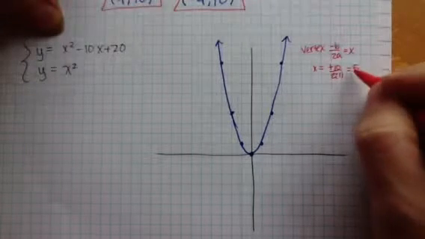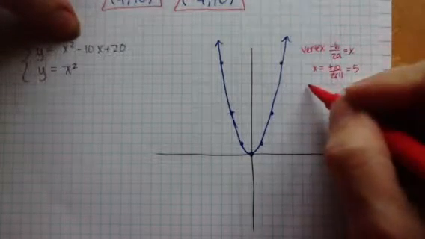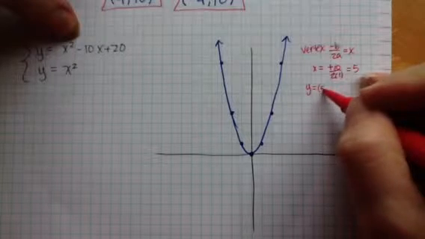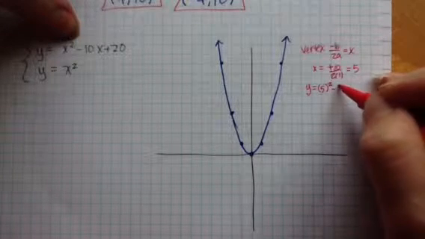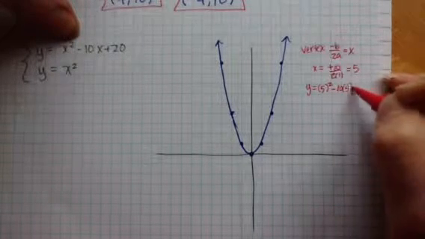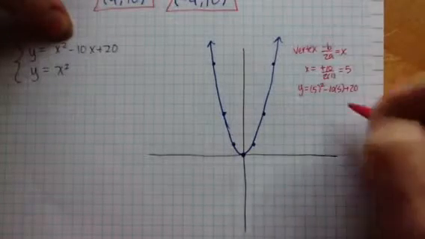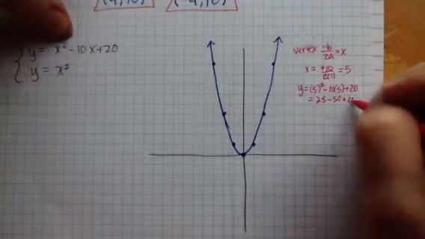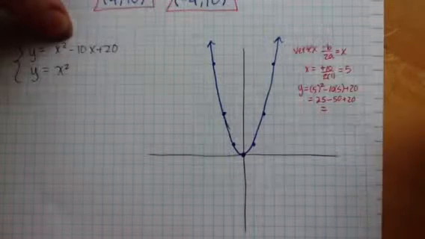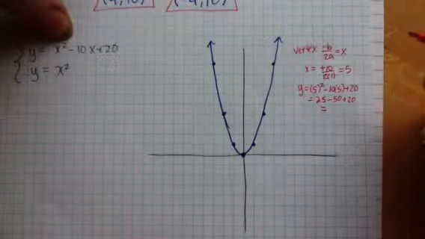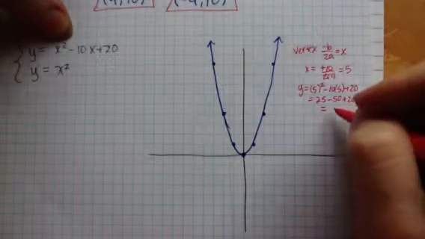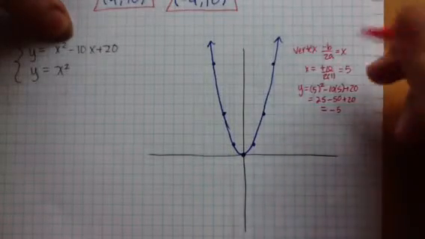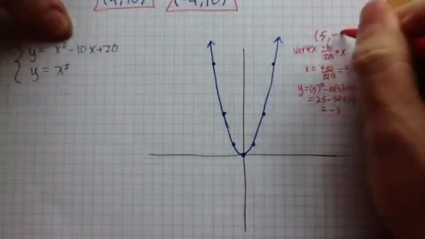Then I substitute 5 in for x to get y. So y equals 5 squared minus 10 times 5 plus 20. That is 25 minus 50 plus 20, which is negative 25 plus 20, or negative 5. So my vertex is going to be at 5, negative 5.